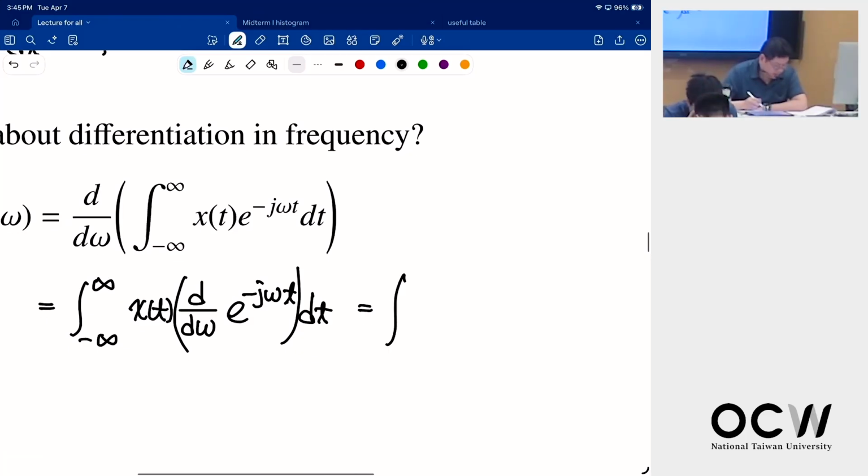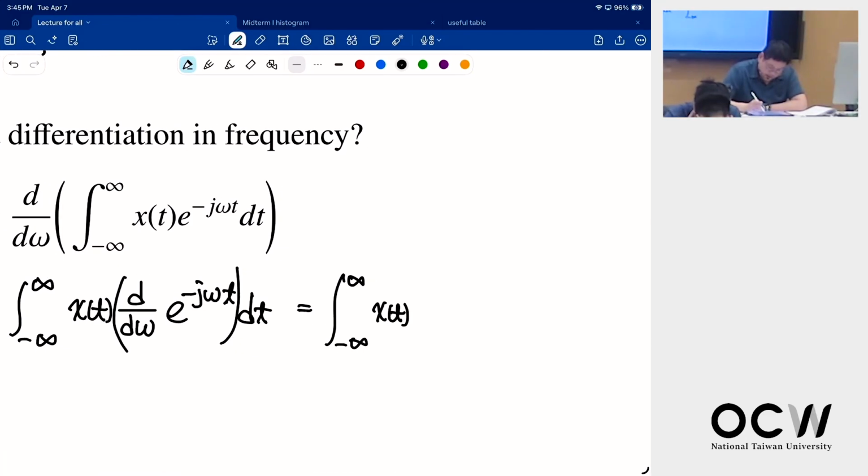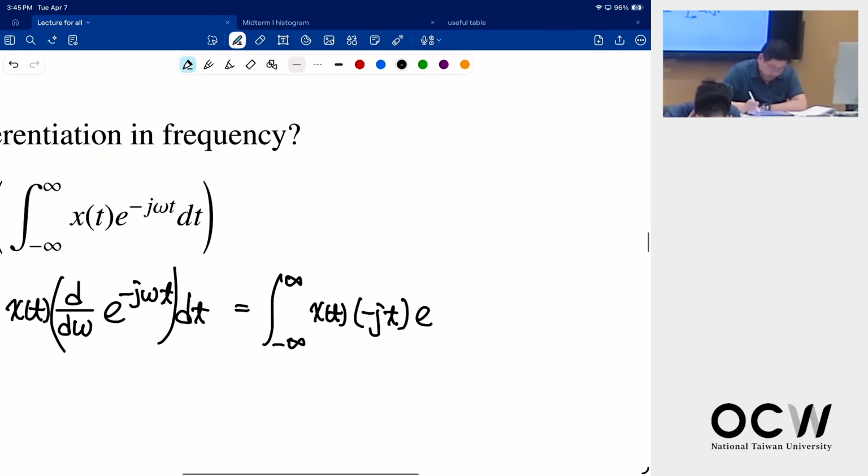So you have x of t and then minus jt e to the minus j omega t, right?